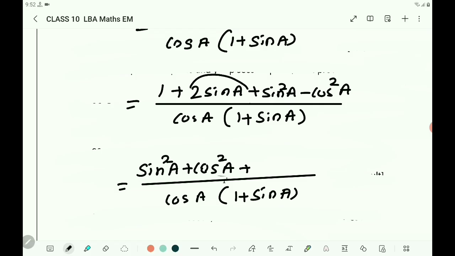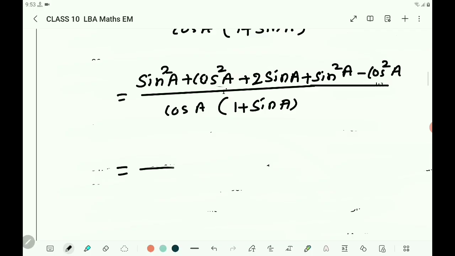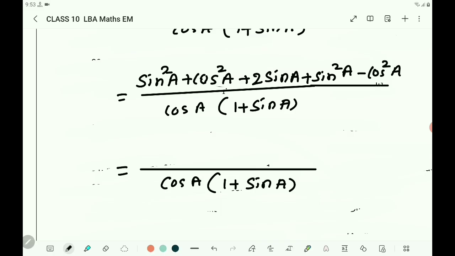And write 2 sin A as it is, plus 2 sin A, plus sin square A minus cos square A as it is, sin square A minus cos square A equals cos A into 1 plus sin A. Now cos square A minus cos square A cancels.